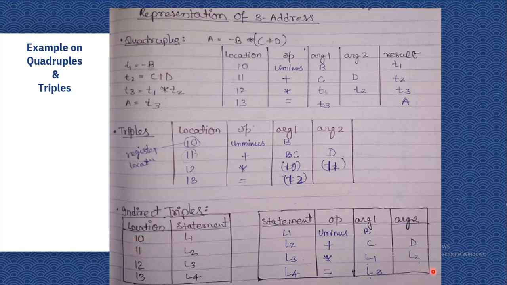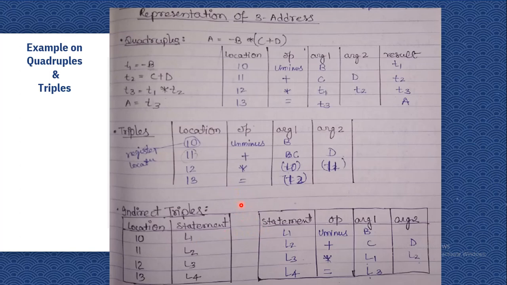Same way, L1 and L2 are multiplied, and the resultant is stored on L3, where L1 is the memory location of 10 and L2 is the memory location of 11. So it is very much close to this triples concept.